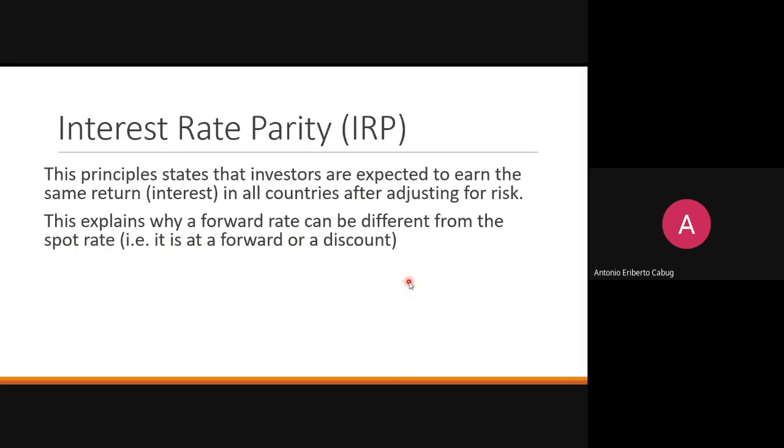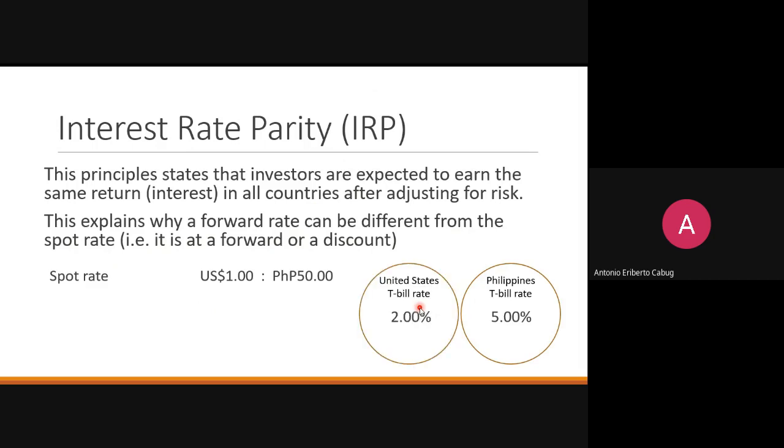Again, assuming that the spot rate is 1 US dollar to 50 pesos, the Philippine T-bill rate is 5% and the US T-bill rate is 2%. Will the investor earn the same rate in the Philippines and in the United States, assuming IRP is true?